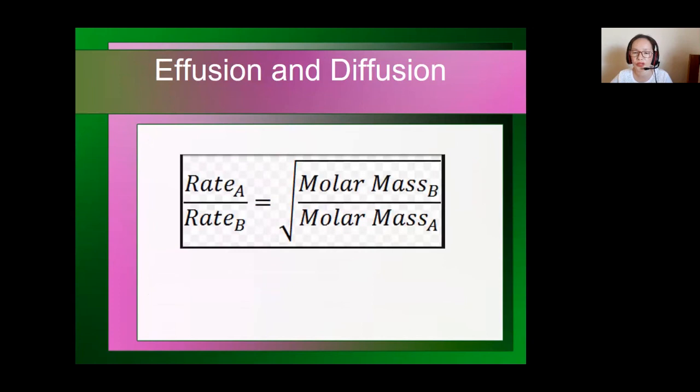For the equation for effusion and diffusion, when we talk of rate, we are talking of speed or time. Rate A over rate B, comparing two gases, is equivalent to the square root of the molar mass of B over the molar mass of A.